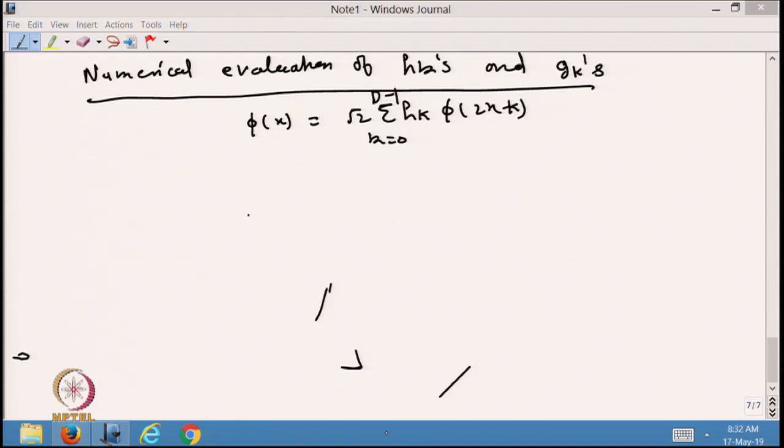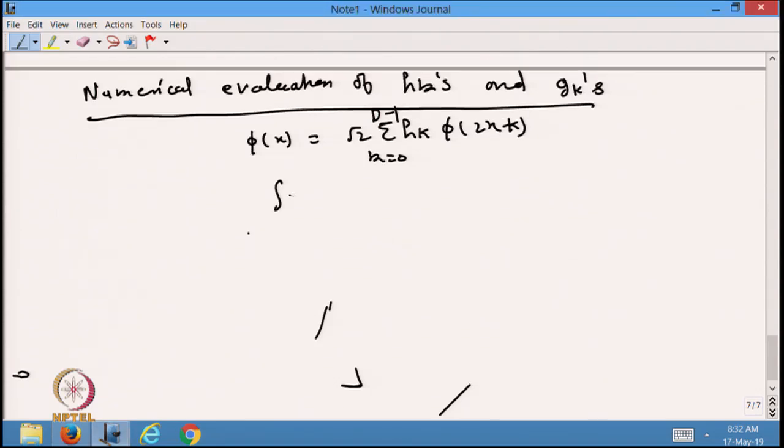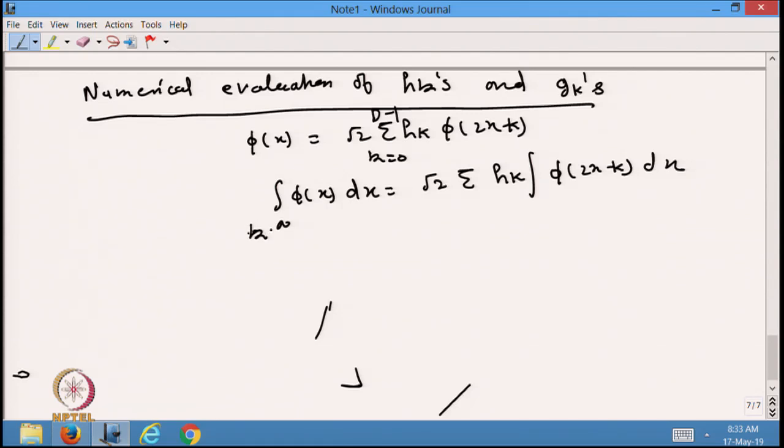So, if I integrate this on both sides, from minus infinity to plus infinity, as I said, I will state one condition, that the integral of phi(x) dx is 1.